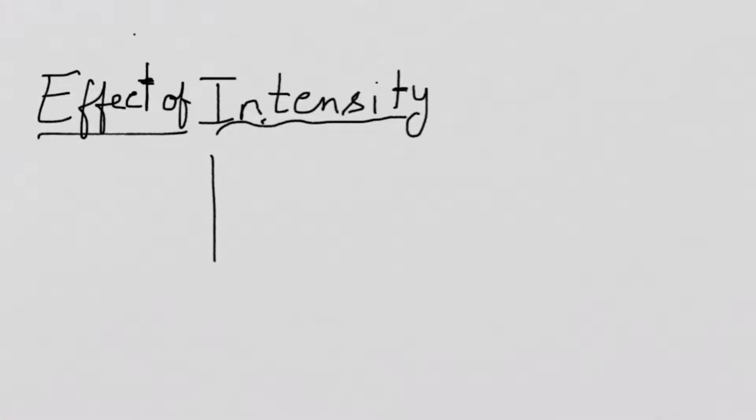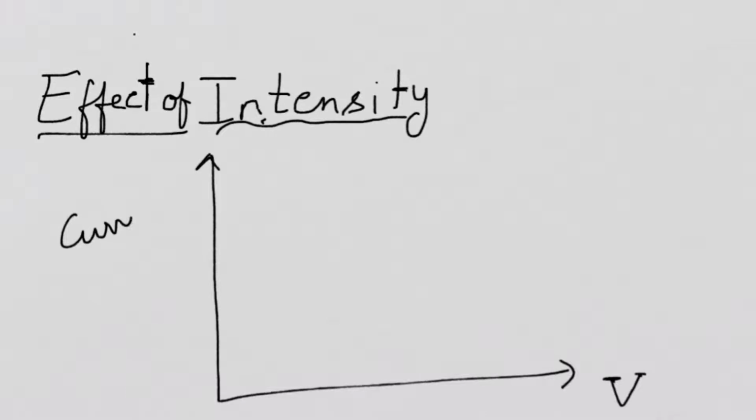First we will see the effect of intensity of light on photoelectric current. For that purpose, we will plot a graph between the potential that we have given between the electrodes and the current that we measure with the help of an ammeter, and that current is called photocurrent.